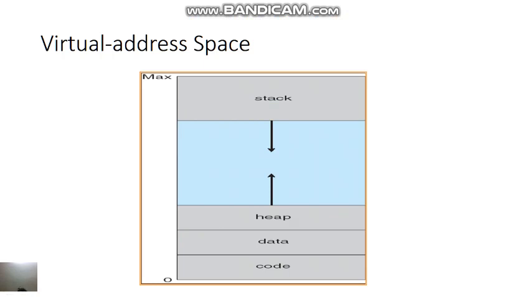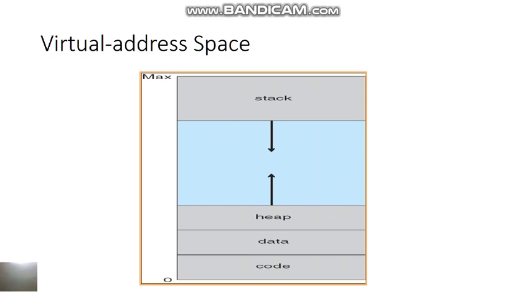Before that I want to mention a few things. What you can see over here is a heap. Okay, heap, data and code. You know what is the heap? Heap is a certain data structure which allows you to store the data and retrieve the data very efficiently. You must have studied in your data structures what the heap is.